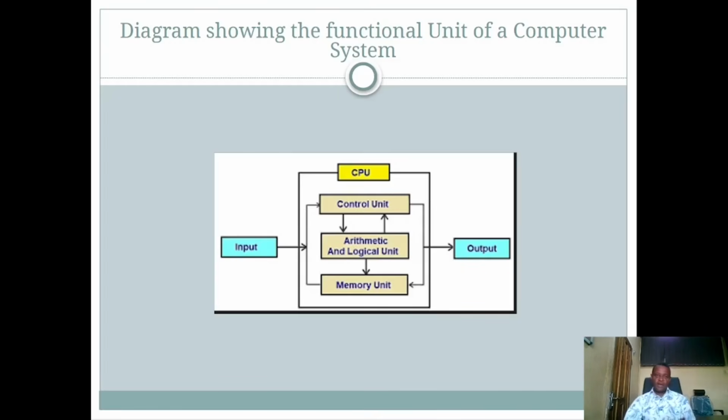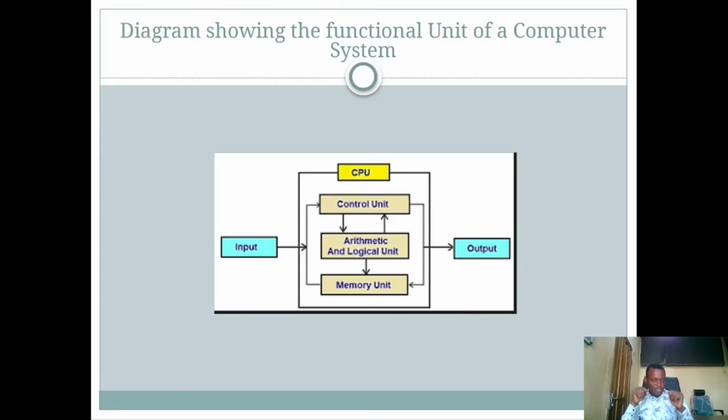If you see the arrow moves from the input box, goes into the CPU, then the CPU has another arrow that takes data from itself to the output unit. So the middle box there is what we call the central processing unit.